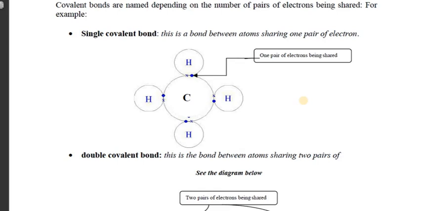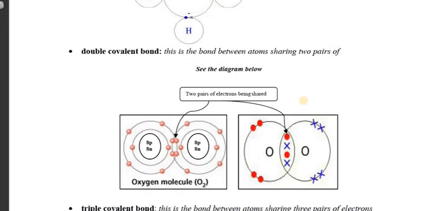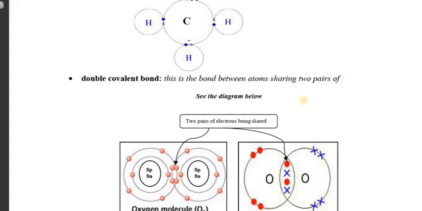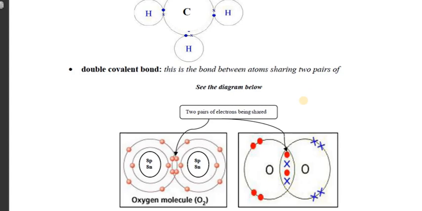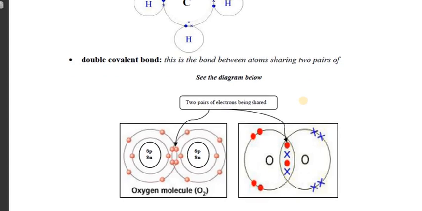Let me just go on and show you this one for oxygen, so that I can explain the difference between a single covalent bond and a double covalent bond, because I think that's where the main issue is for this lesson. So if you read double covalent bond, I really hope that when I'm touching this, it's also showing where I'm touching, because that's the whole idea.